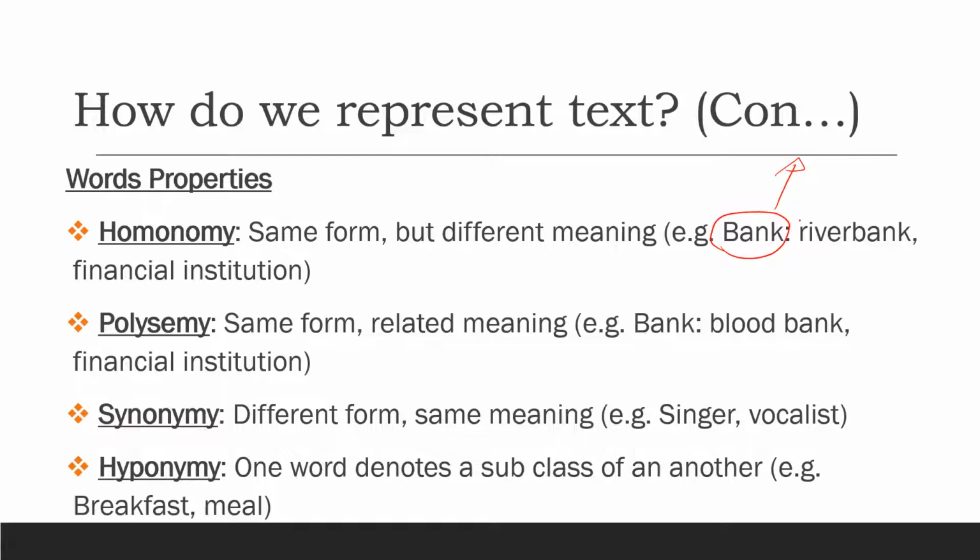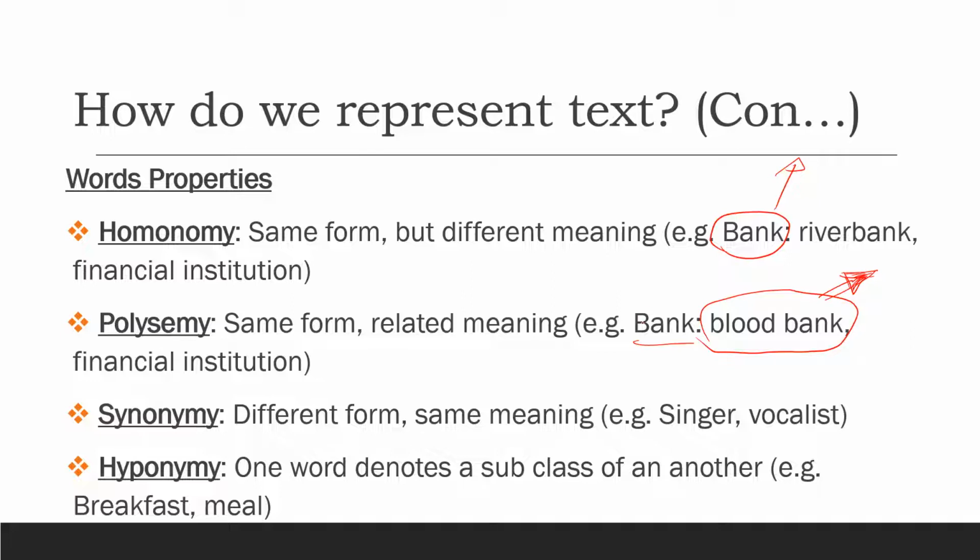Another one is polysemy, in the sense they have the same form but relatedly the same meaning. With the similar word bank, we can indicate a blood bank. A blood bank is also an institution which collects blood for emergency purposes, collecting different blood groups, and hospitals communicate with them to get those blood groups.